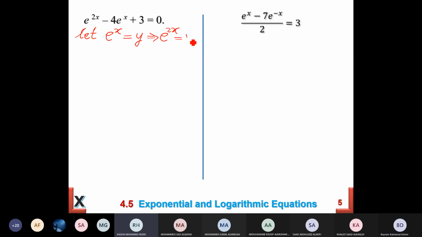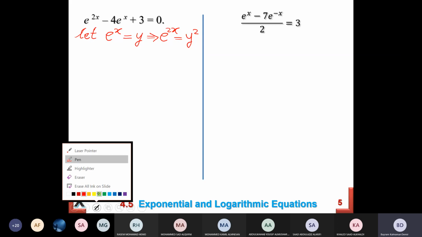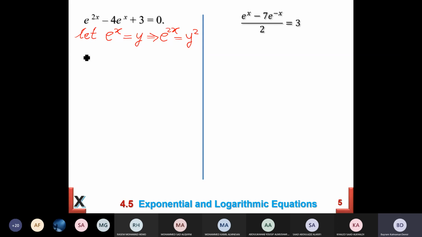Y squared. Perfect. Now go back to the equation and see what happens. The equation becomes quadratic in y: y squared minus 4y plus 3 equals 0.